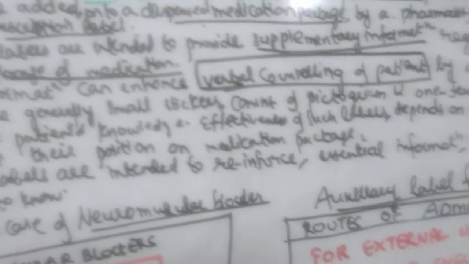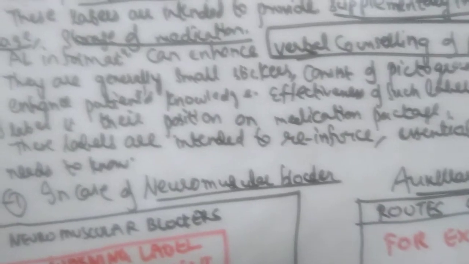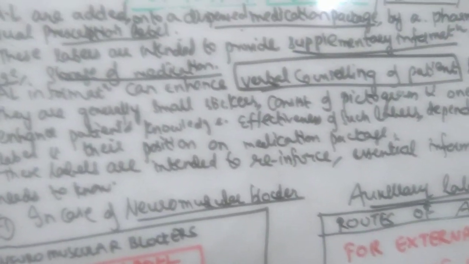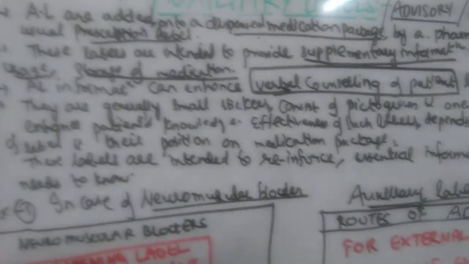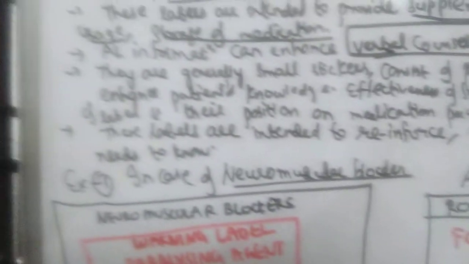Auxiliary label information can enhance the verbal understanding of the patient by a pharmacist. Okay, verbal communication and non-verbal communication skills, we have seen they are very important in patient counseling also. So this auxiliary label information is enhancing the verbal counseling of the patient.